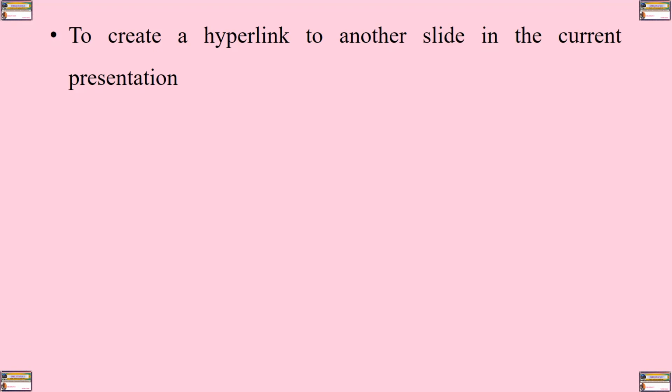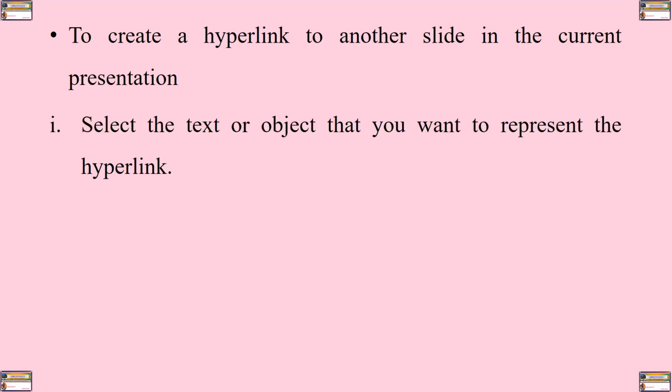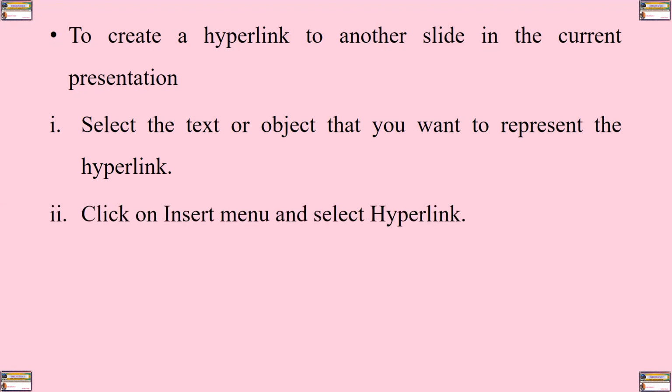To create a hyperlink to another slide in the current presentation, you select the text or object that you want to represent the hyperlink, and then click on the Insert menu and select Hyperlink.